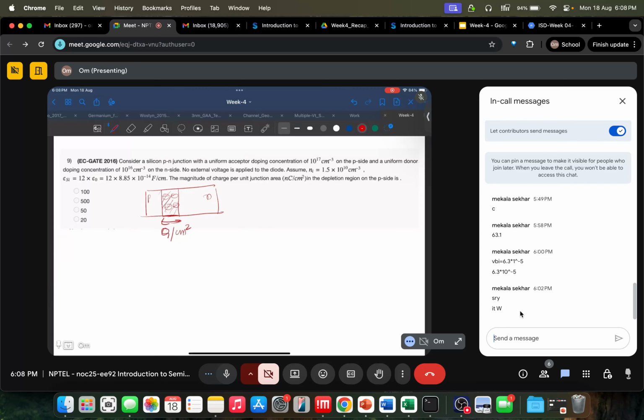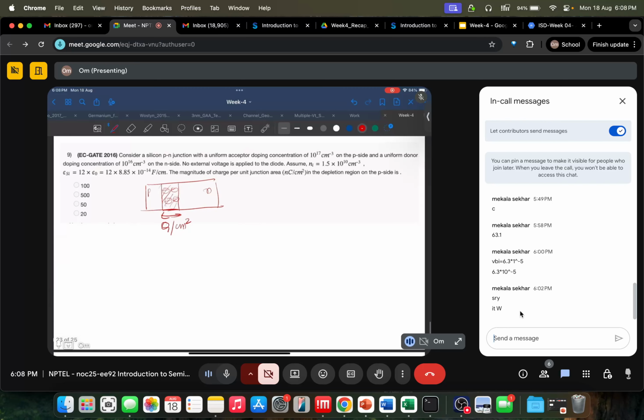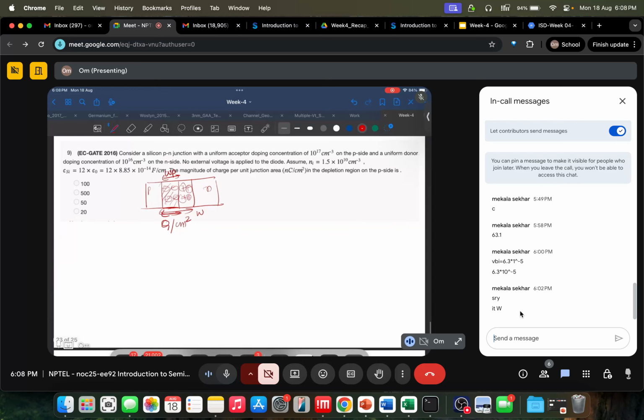So to do that, let's say this is WP, and let's say this is the total depletion width. This should be W anyways. So what will be the charge per unit area here? Call it QP will be WP into Q into NA, right?